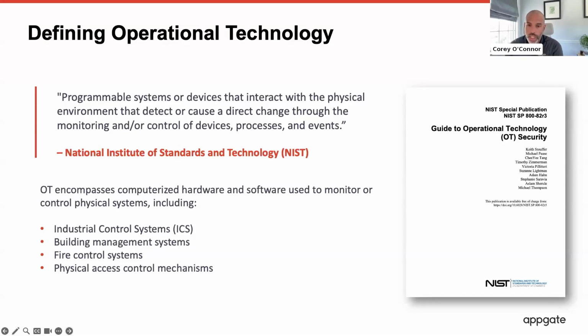OT environments often include industrial control systems, ICS, like SCADA or PLCs, along with building management systems, fire suppression controls, and even things like badge readers and cameras. And these systems are increasingly more interconnected and they're becoming more digitized, which when you think about it, they weren't designed with security in mind.